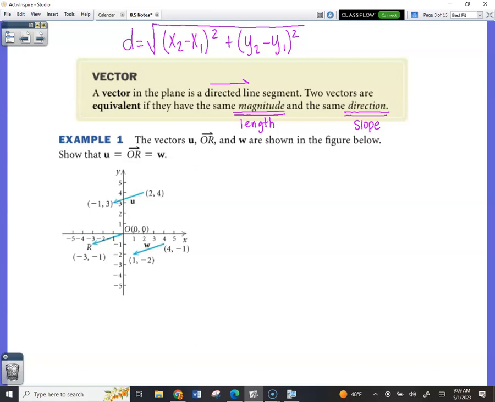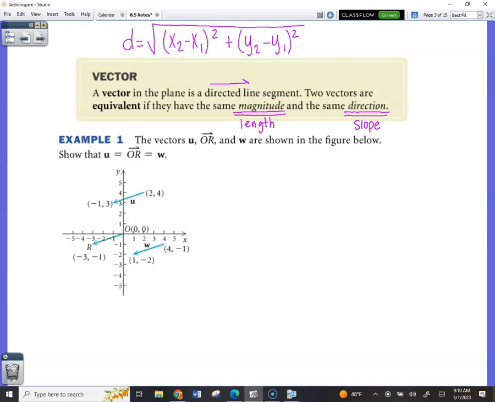Well, with vectors, I'm not going to say how long is the line segment. I'm going to say, what's the magnitude of it? Okay, magnitude, just think of in terms of what's the, and I'm using my arms here because I'm hoping this will help you, what's the magnitude of the situation? So if I do that, I'm thinking to myself, like, how much are we talking about here?